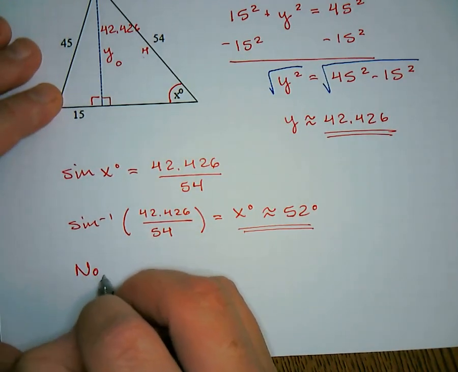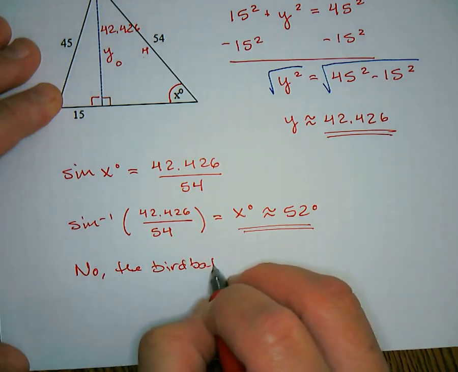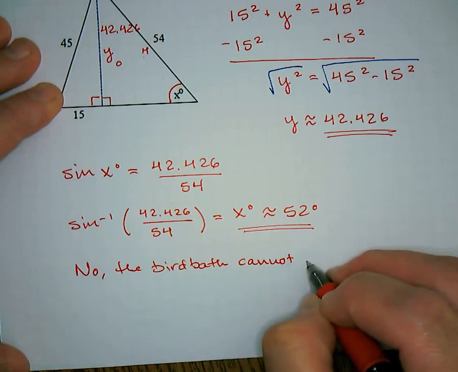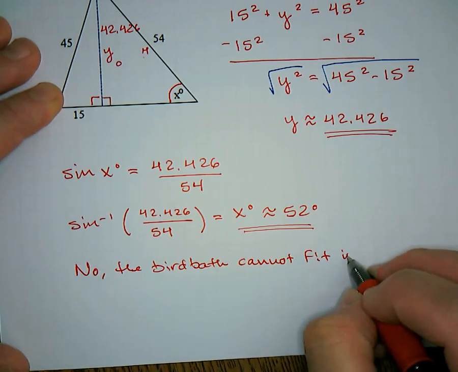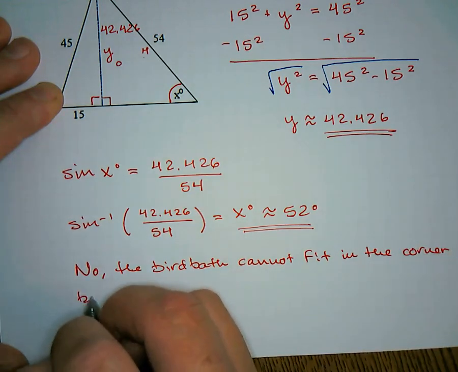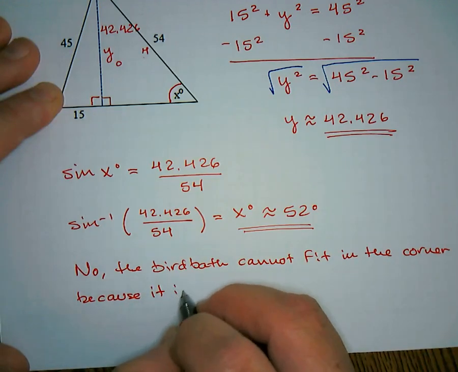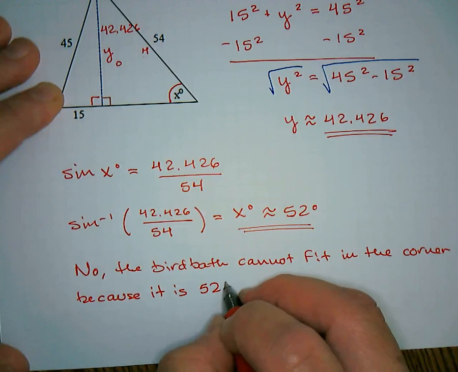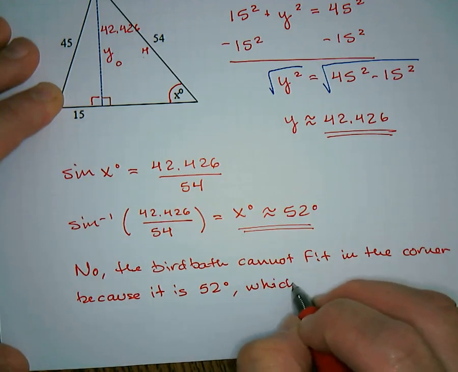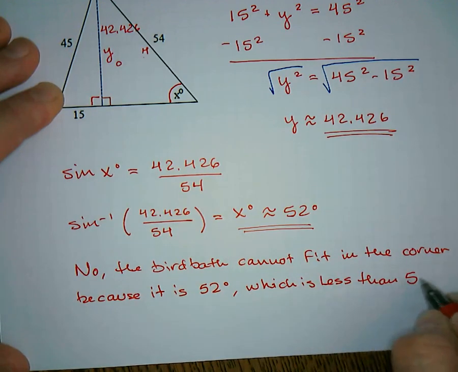No. The bird bath cannot fit in the corner because it is 52 degrees, which is less than 55 degrees.